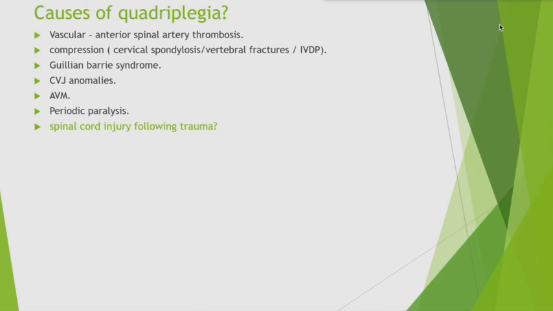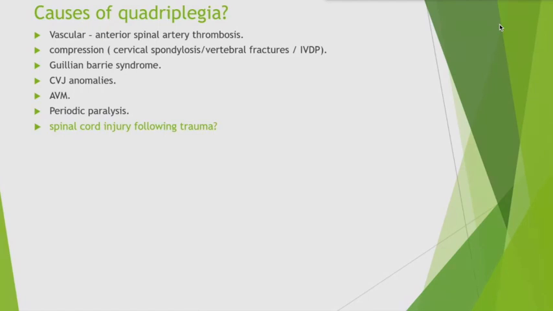Anterior spinal artery supplies which part of the spinal cord? All of it except the dorsal column. Good, very good. So the finding will be dorsal column sensation will be normal. All other findings will be lost. So in the anterior two-thirds, all functions will be lost. Dorsal column function will be retained.